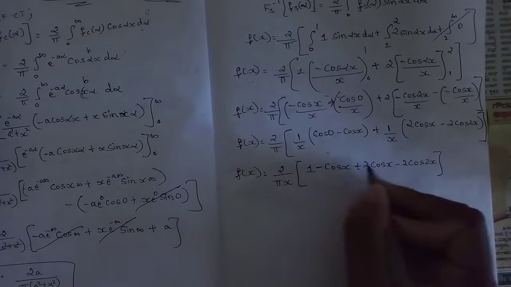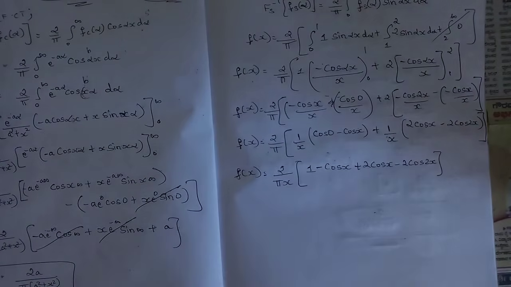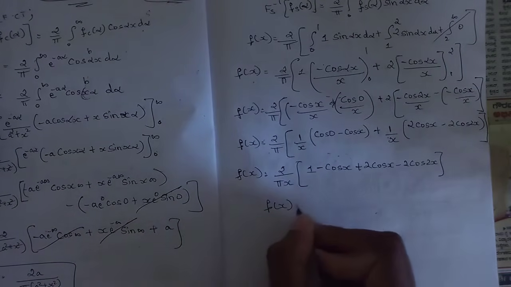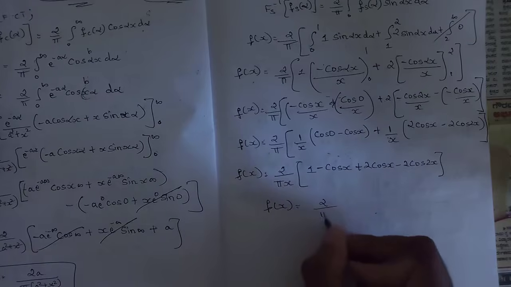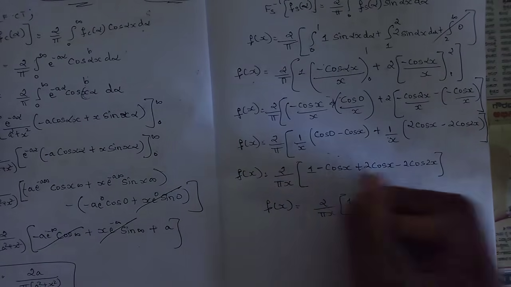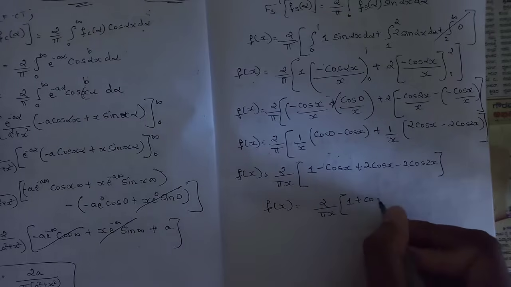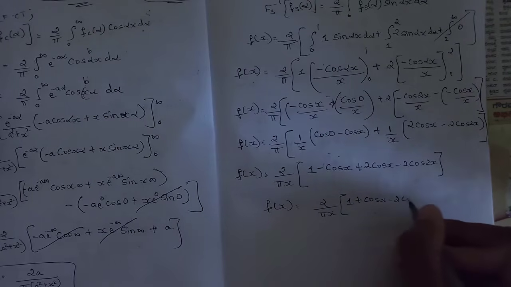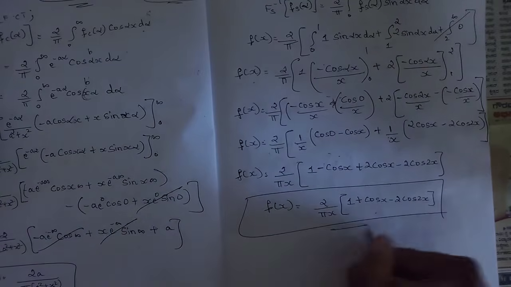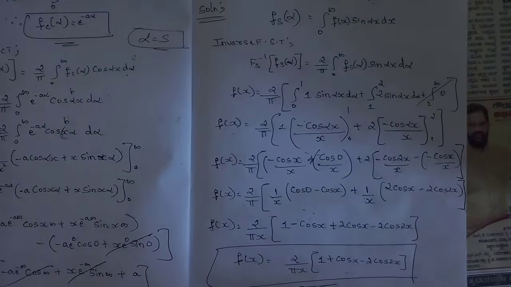So we can combine these two terms, minus cos x and plus 2 cos x. So f of x is equal to 2 by pi x into 1 plus cos x minus 2 cos 2x. So this is your required answer for this solution.